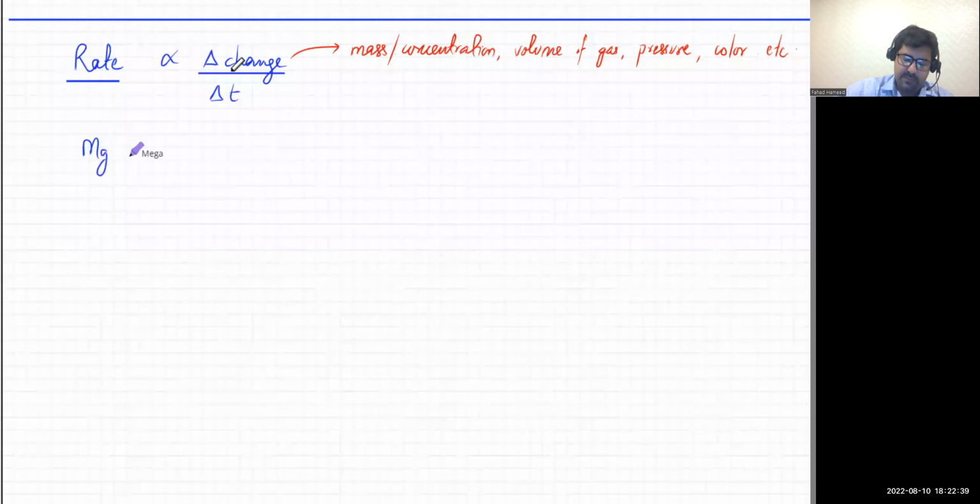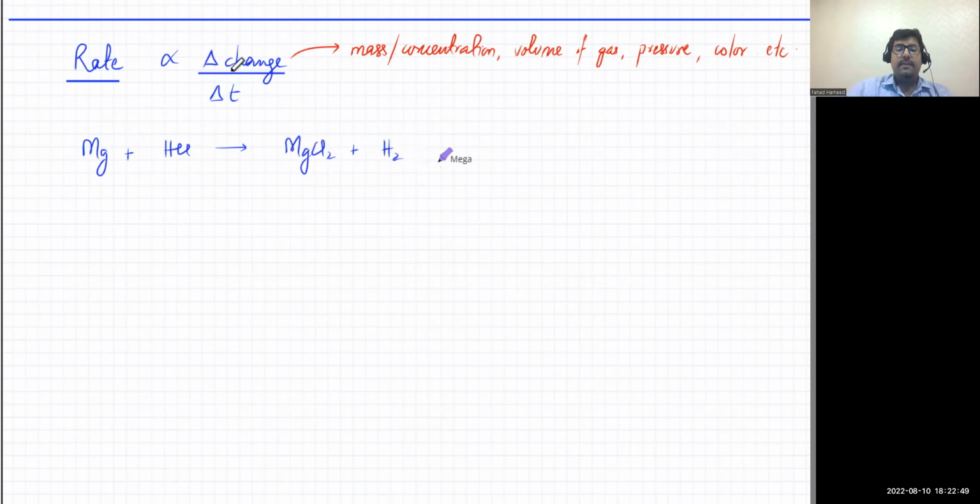So let's start with Mg plus HCl, and it forms MgCl2 plus H2 gas. So what is the change that's happening in this case? Multiple changes are happening. You can measure how quickly Mg dissolves.